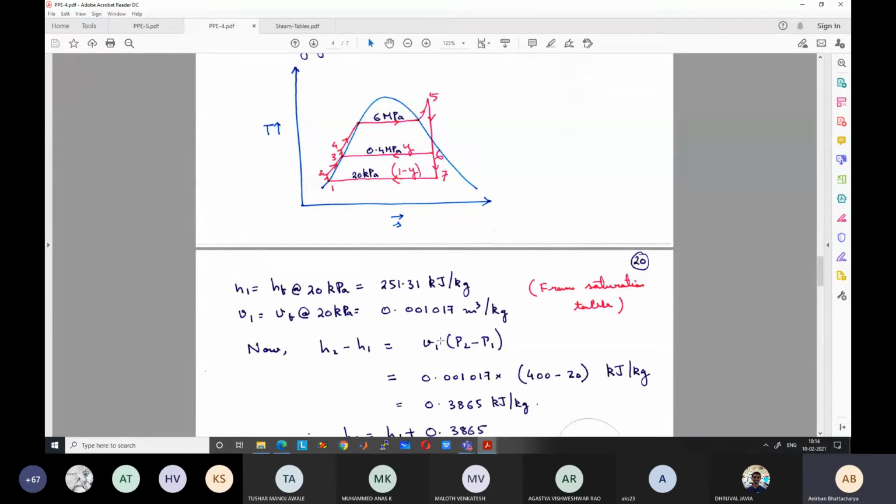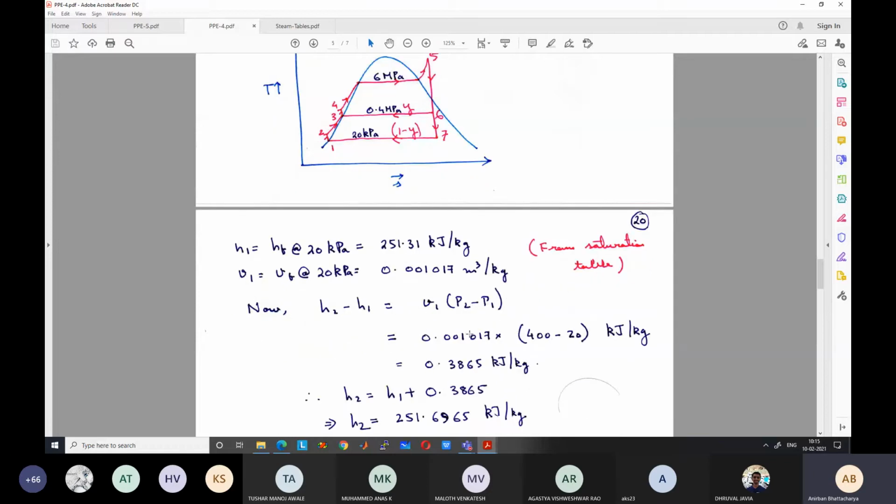The assumption is V1 is equal to V2. That means specific volume remains constant because it is liquid water. This is a very reasonable approximation because liquid water specific volume does not change much in the liquid state. If it was steam, then we would not be able to take the same assumption.